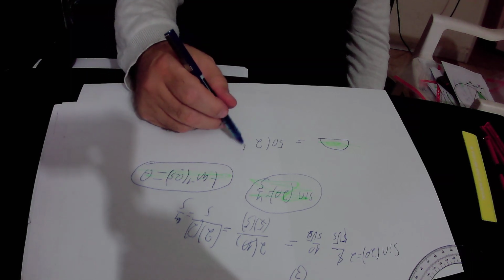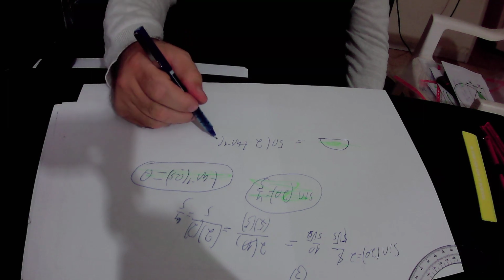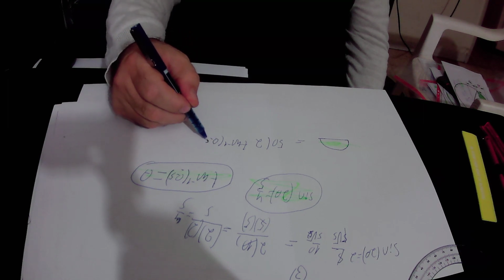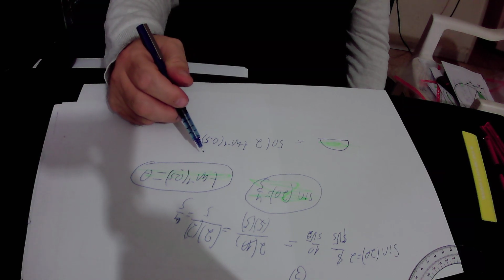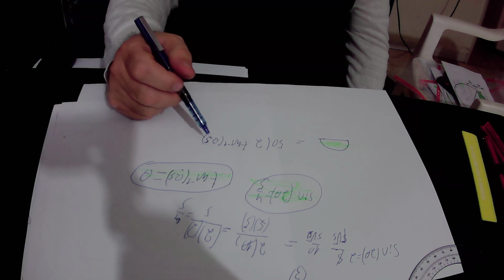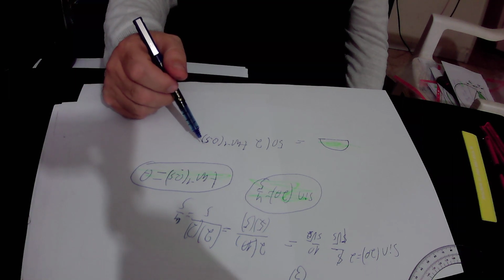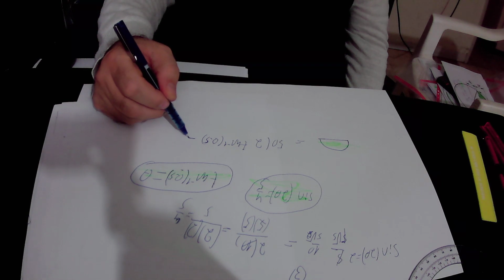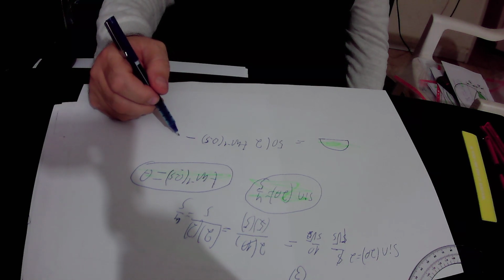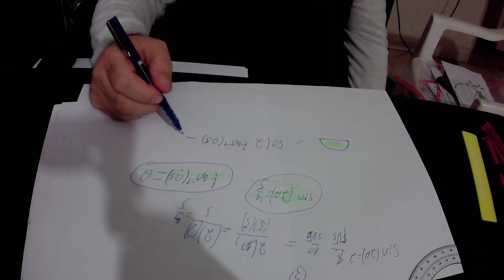tangent inverse of 0.5. So we substitute theta in the original equation by tangent inverse of 0.5, and we also have to subtract 10 squared is 100, and 100 over 2 is 50.